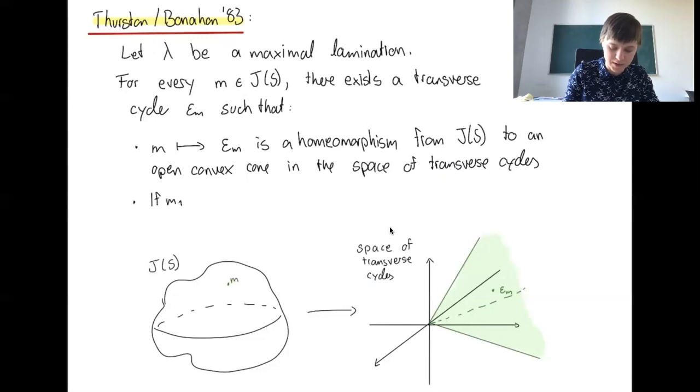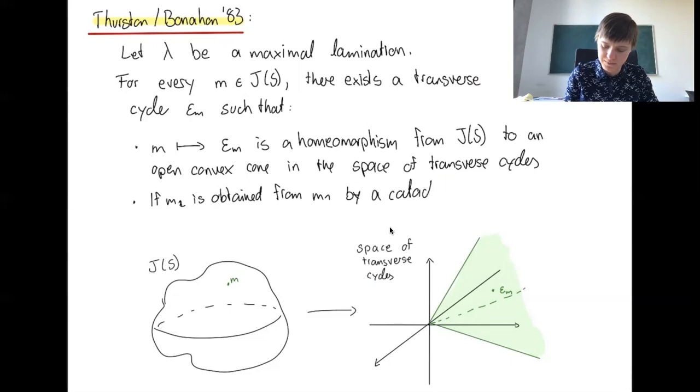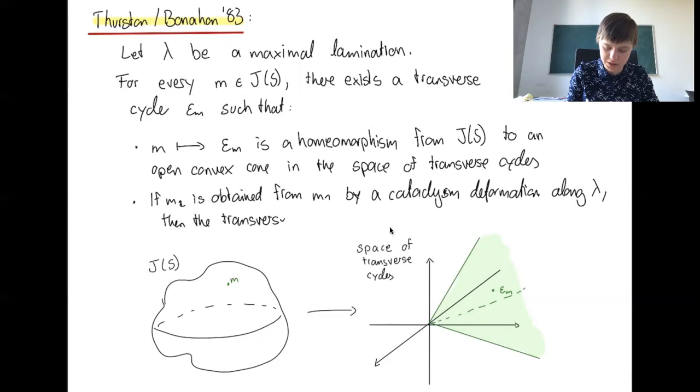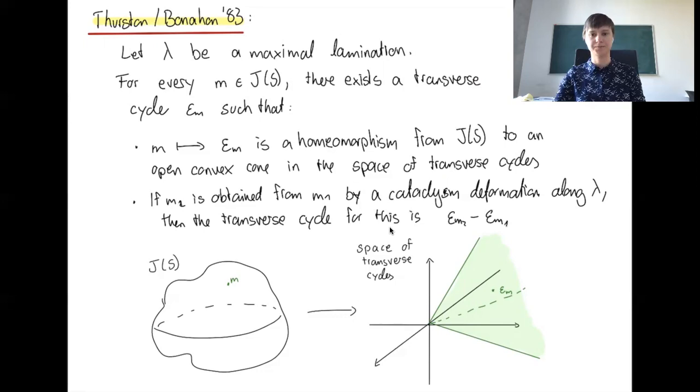If m2 is obtained from m1 by a cataclysm deformation along λ, then the transverse cycle giving this deformation is ε_m2 minus ε_m1.